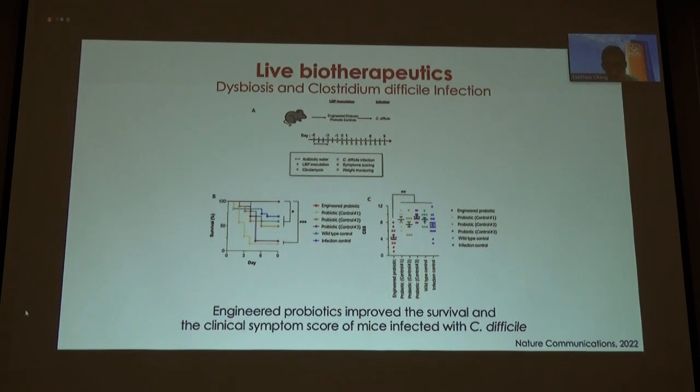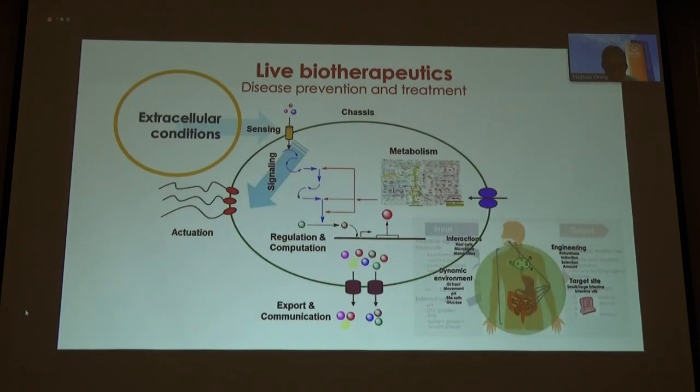What was really exciting was that when the mice had our engineered microbes, 100% of them survived. On the other hand, the infection could kill most of the mice without our microbes. So our research suggests that microbes engineered to modulate intestinal metabolism can significantly inhibit C. diff infection in animal models.